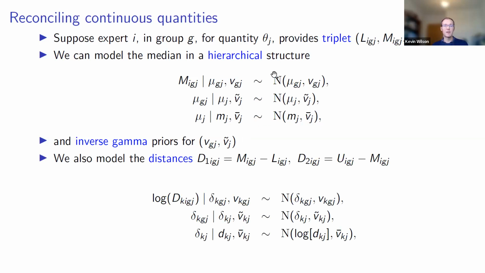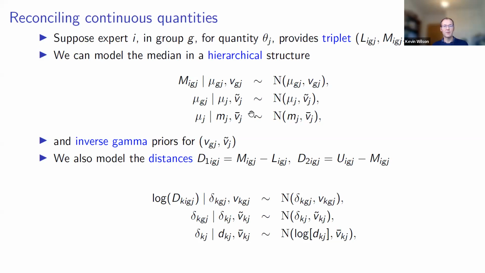So we could use a similar hierarchical structure for the lower quantiles and the upper quantiles specified by the experts. But if we do this individually with no constraints, then it could be that in our aggregated distribution, sometimes the median is below the lower quantile, or the upper quantile is below the median. It won't naturally respect this ordering that the lower quantile has to be below the median has to be below the upper quantile.